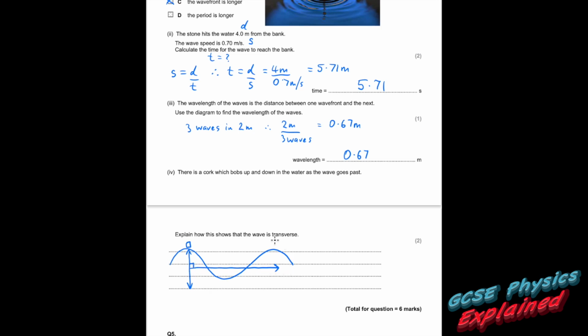So that's our standard definition for a transverse wave. The cork vibrates at 90 degrees or perpendicular if you prefer to the direction of travel of the wave.